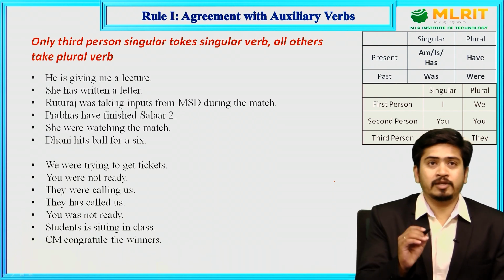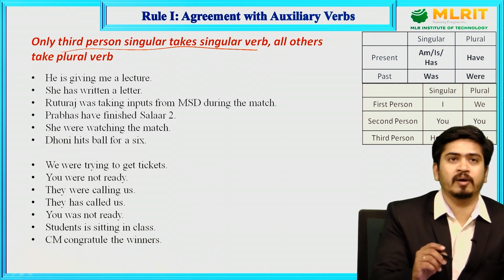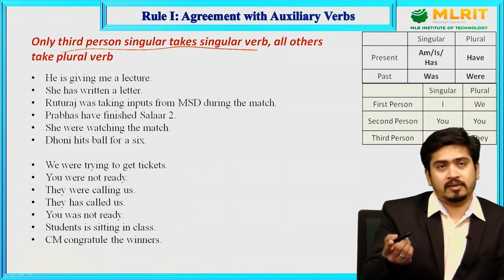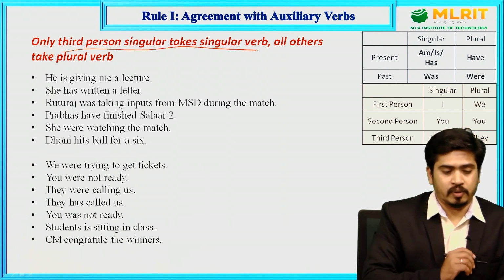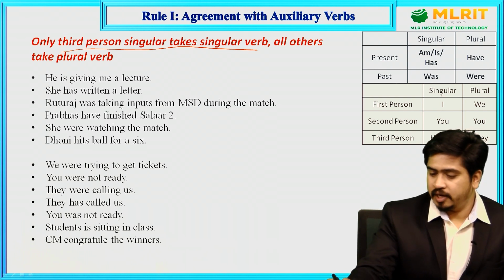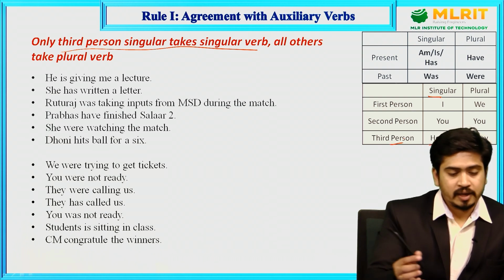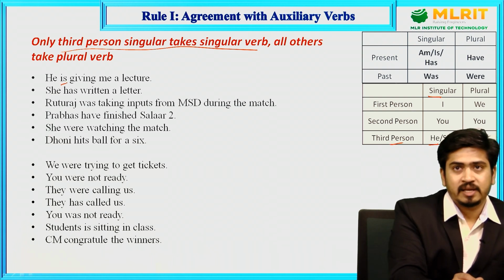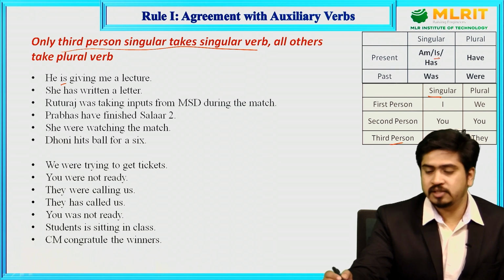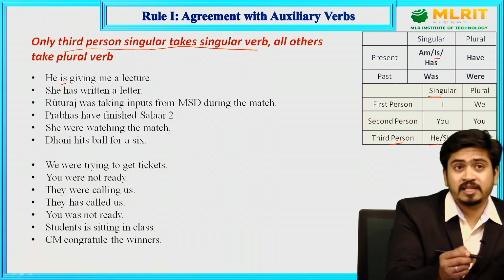Now let us see the examples here. What it is told: only third person singular takes singular verbs, all others take plural verb. Now see here, he is third person singular. Now it is taking is, a singular verb. Then it is correct. Let us see next example.